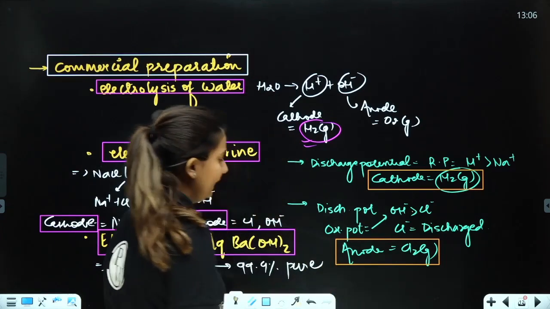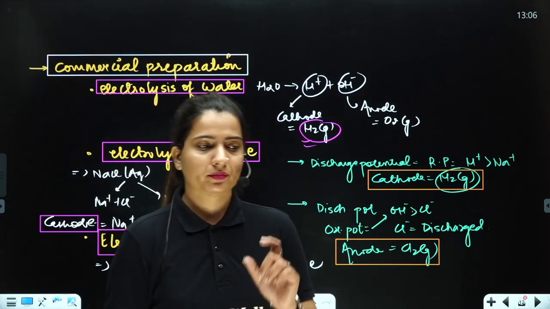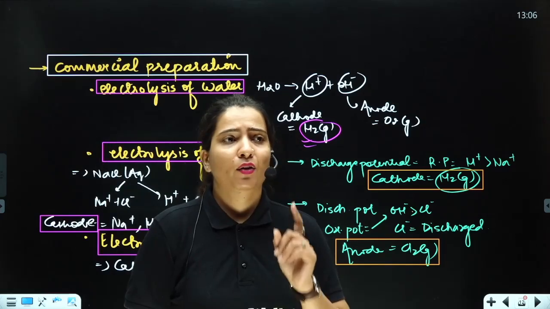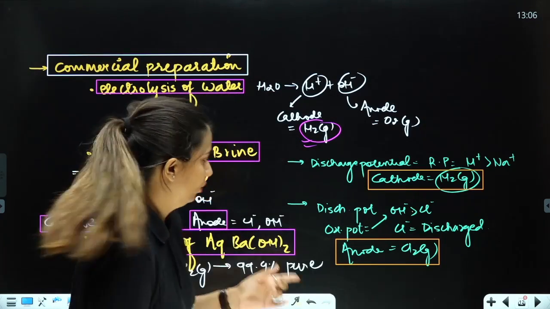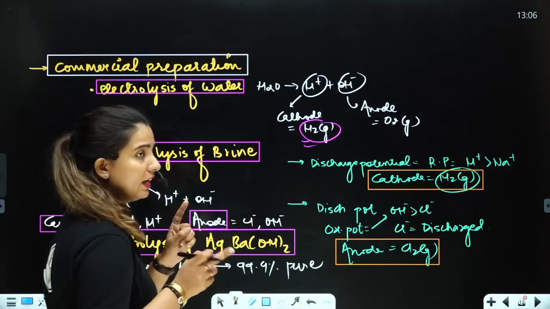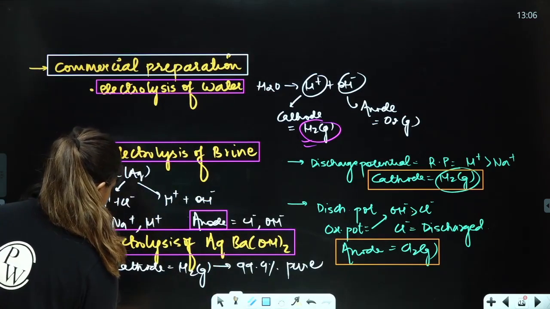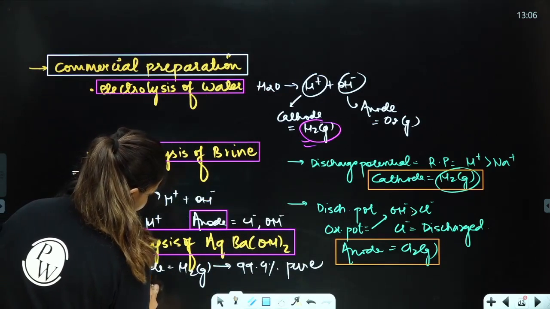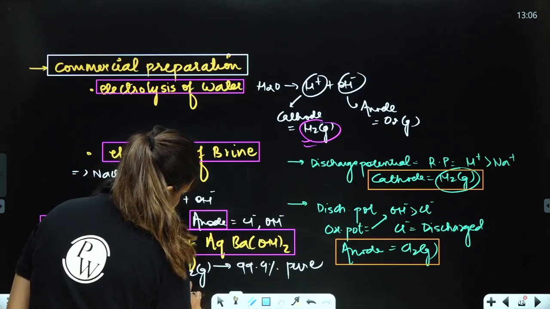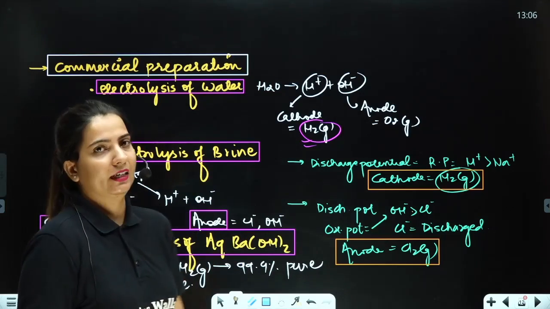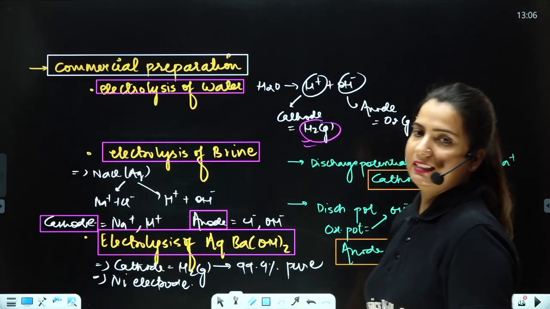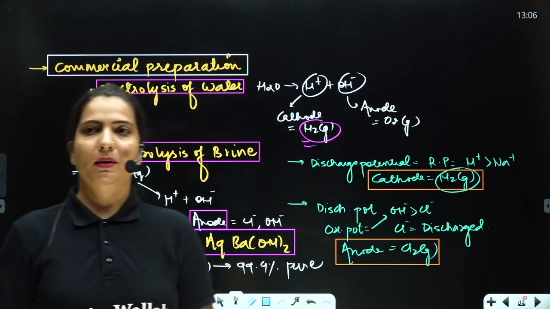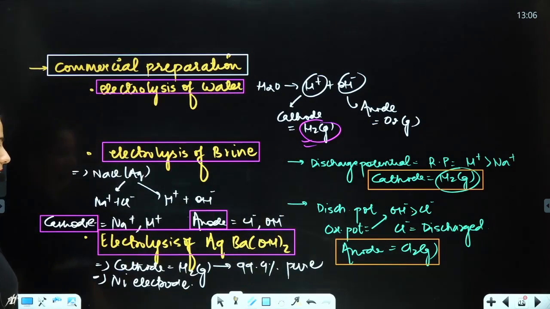So purity is considered in this case. They can ask you in which case you are going to get the purest dihydrogen. So in the case of the electrolysis of aqueous barium hydroxide, and one more thing you need to remember is, here we use the nickel electrode. All of these things you need to remember very, very nicely, right?